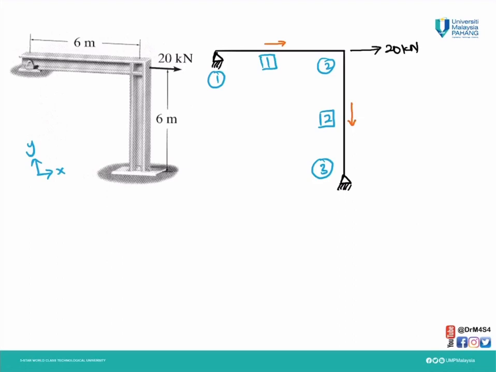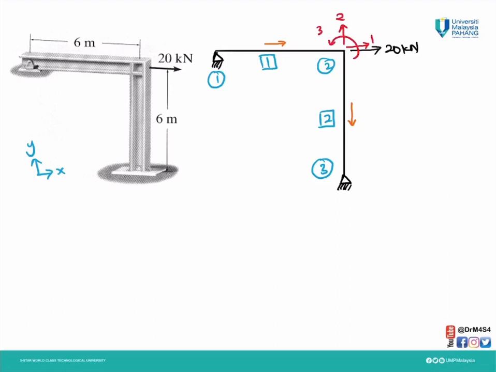Now we need to do numbering for unknown displacements and known displacements. For this type, we're going to have X, Y and Z displacement, where Z is rotational. Due to the 20 kN, certainly at node 2 we'll have horizontal displacement, so that's 1, then vertical 2, and also rotational, that's 3.